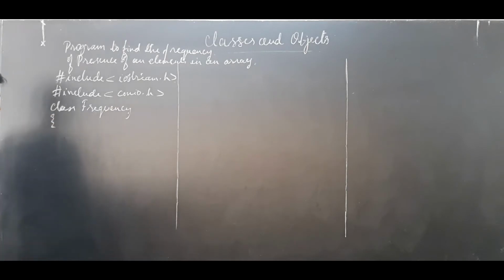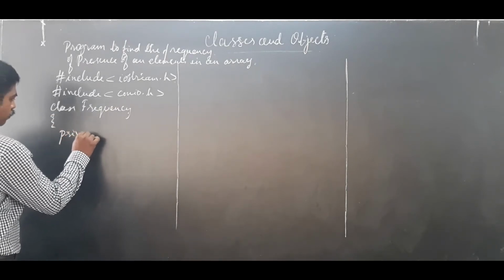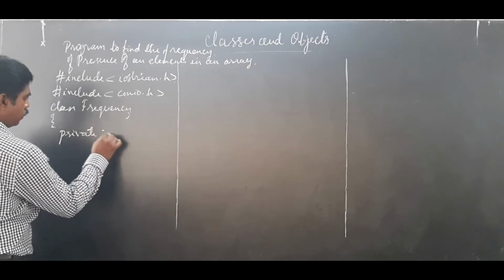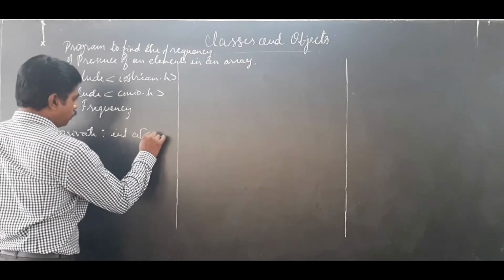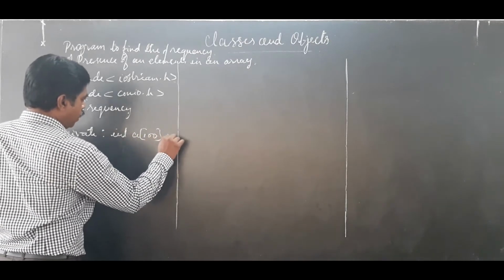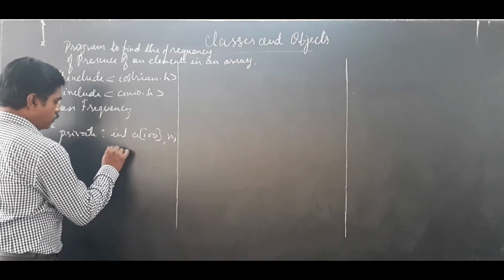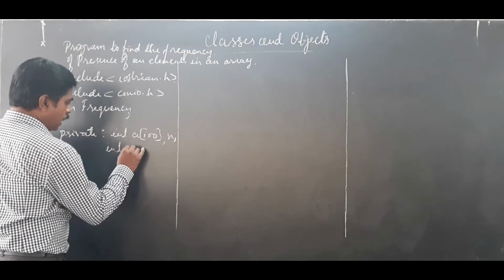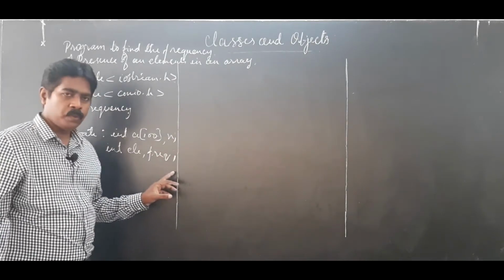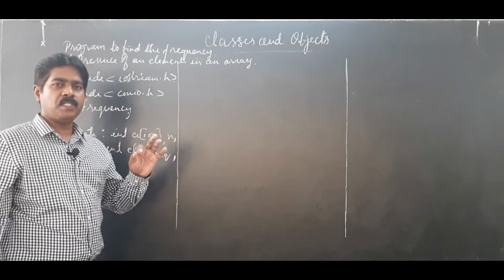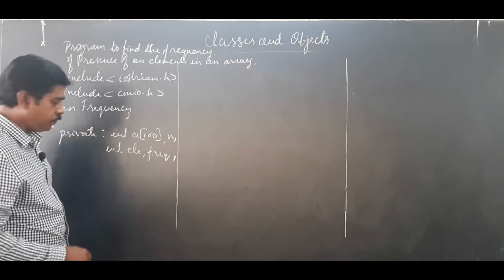Open a flower bracket. I had taken few private data members as int a of 100, then comma n. After that, I took int ele, comma freq. Freq means the number of times an element is found in an array or its occurrence.